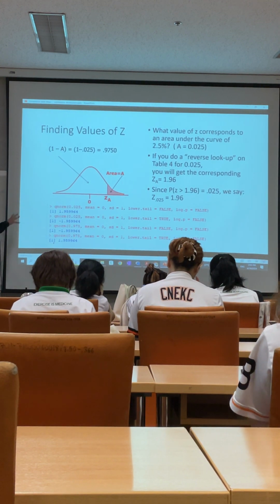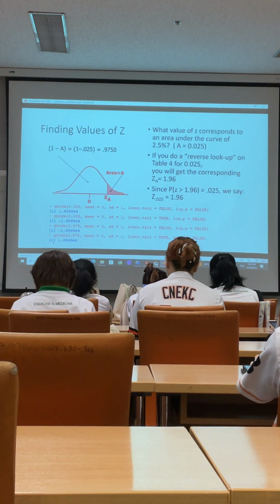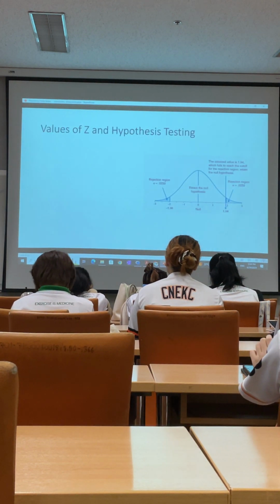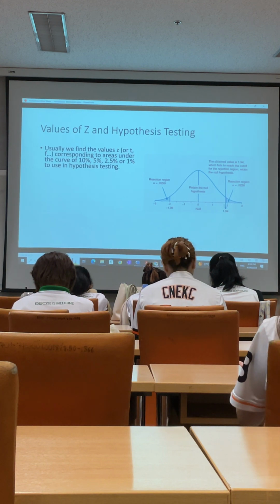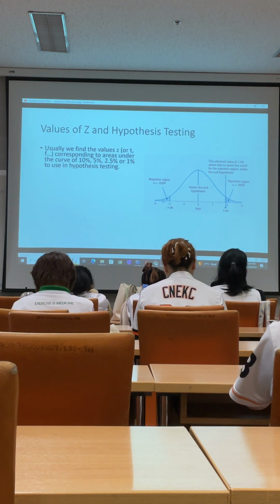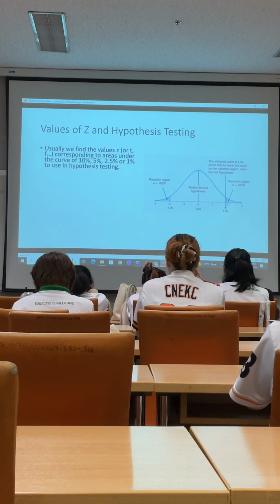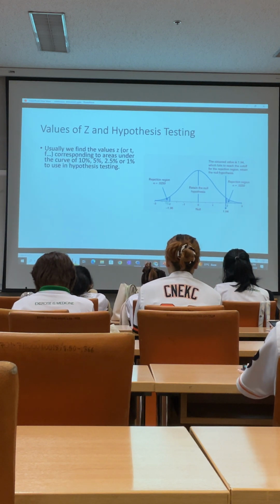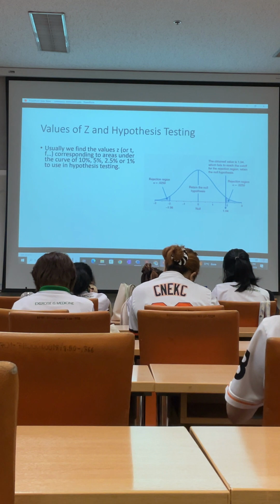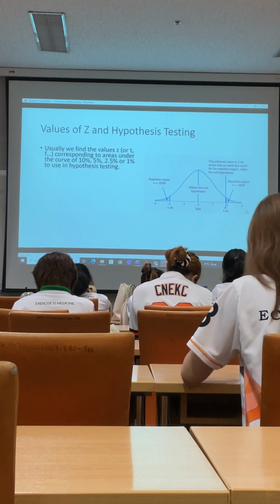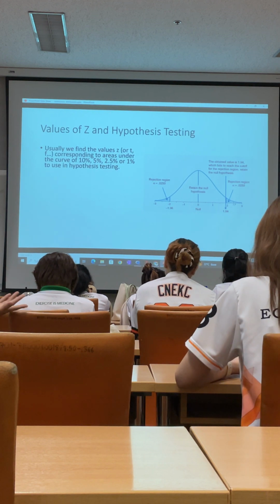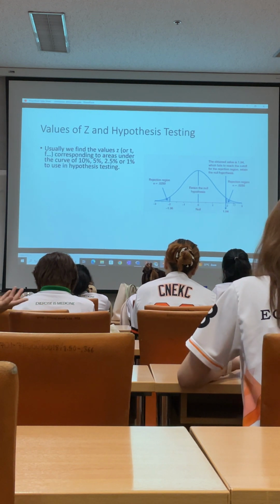Why are we interested in this? Because this is about hypothesis testing. In hypothesis testing, sometimes we have to find the value corresponding to the area in the upper tail and lower tail, where the probability of happening is very, very small. Like in the last example, 2.5%, the probability of happening is only 2.5%.